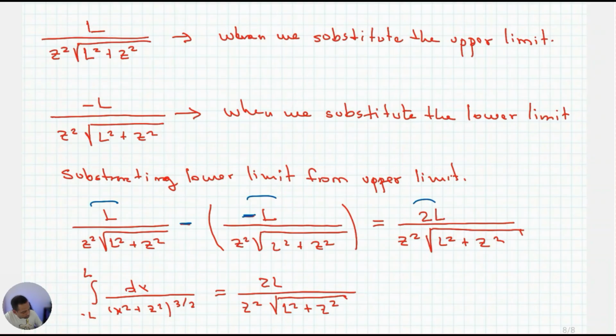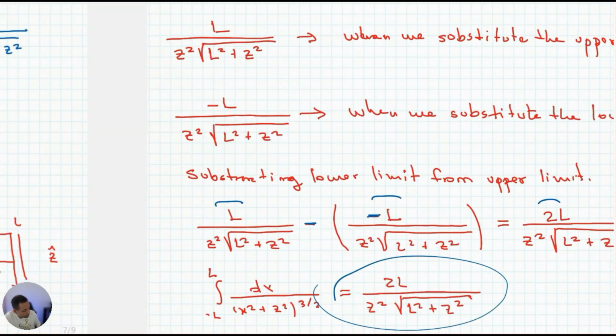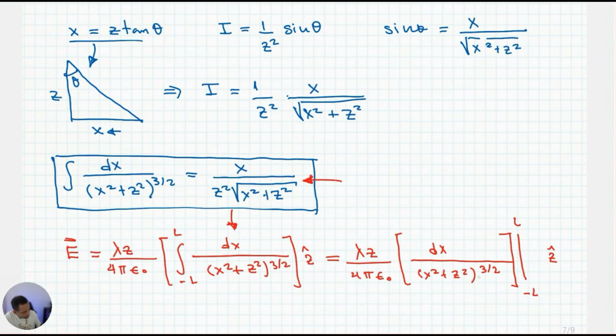Finally, we can substitute this expression into the electric field expression. So the electric field expression, remember, is E equal to lambda z dividing 4 pi epsilon 0. Okay, remember here we have the integral, right?